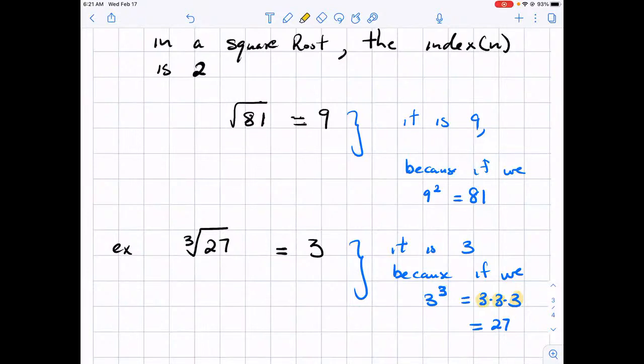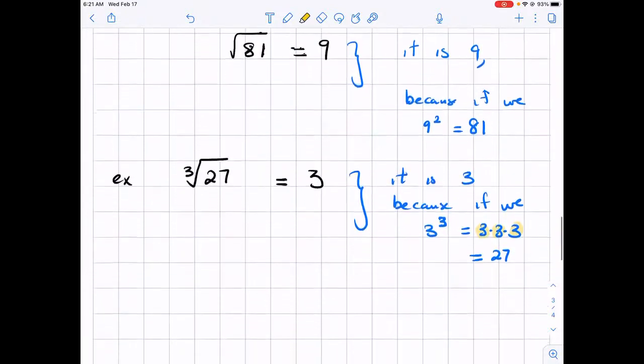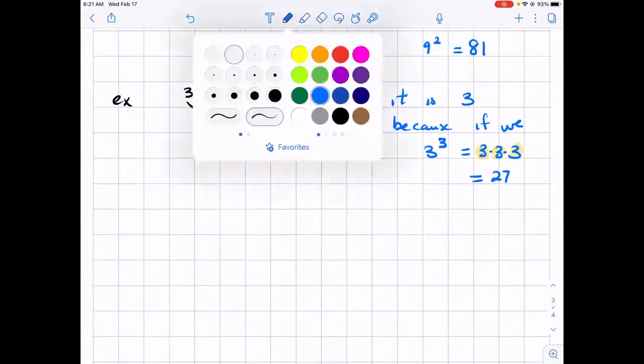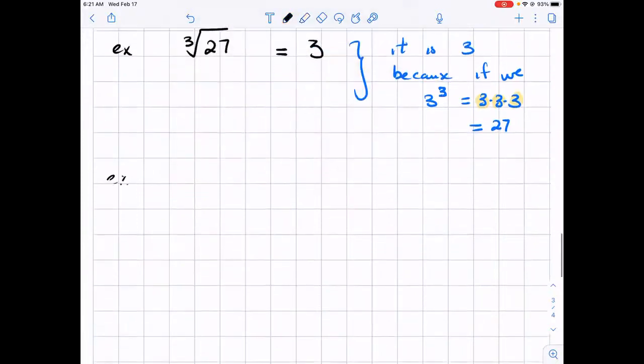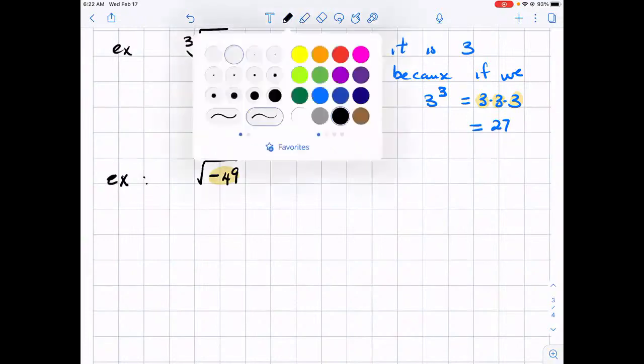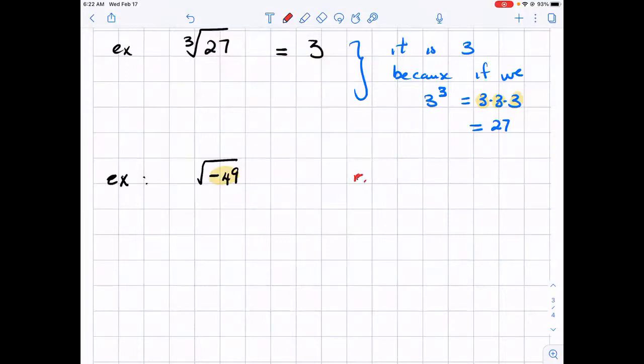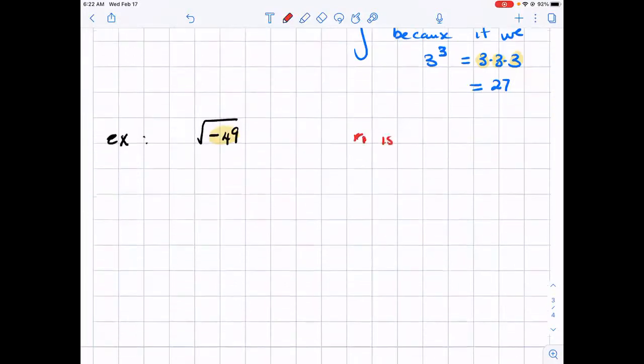Now, if I ask you, for example, what is the square root of negative 49? Now notice that I made the radicand here a negative number. And since this is a square root, n is even, so very important, n is even.